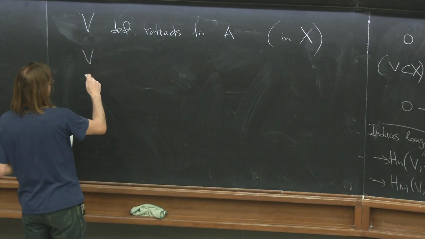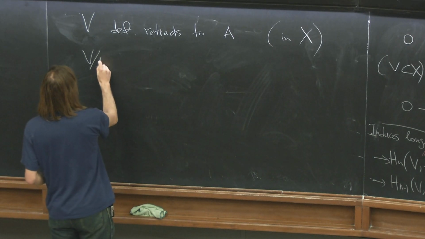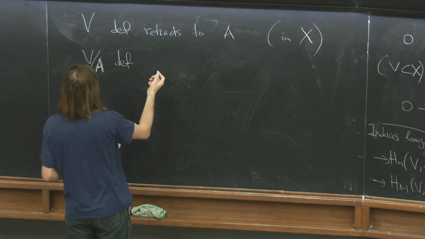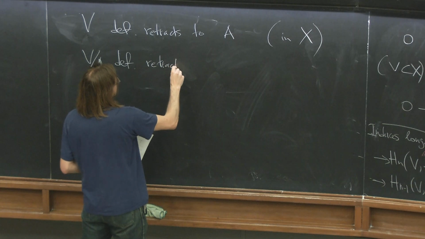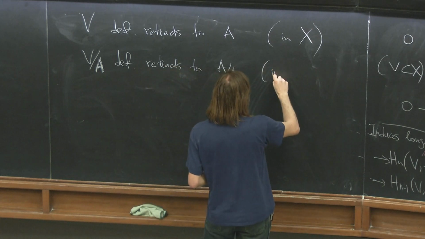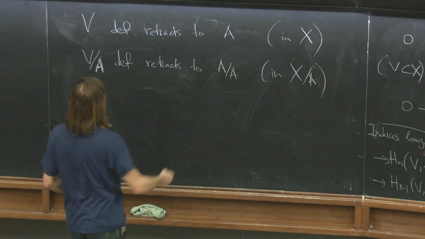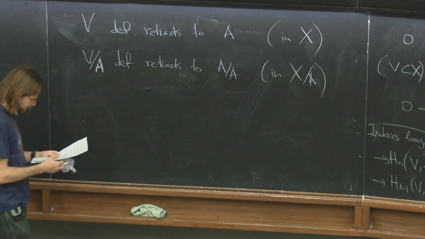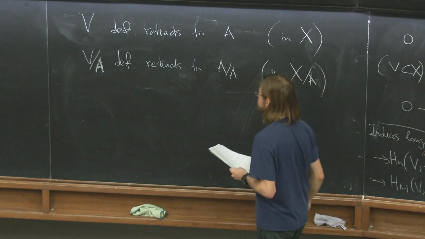And similarly, if you quotient everything with respect to A, by the equivalence relation which identifies all points in A, you immediately get the fact that V quotient by A deformation retracts to A quotient by A, and this is understood as a subspace in X quotient by A. So just use all these retractions and the homotopy between the retraction and identity, compose them with your quotient map, and you immediately get this statement.